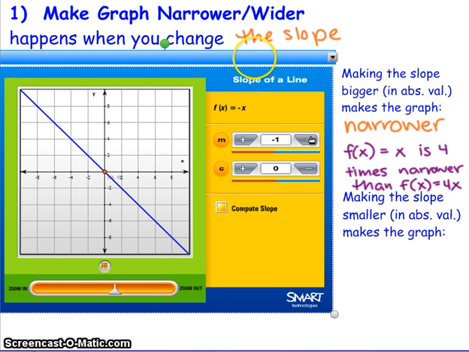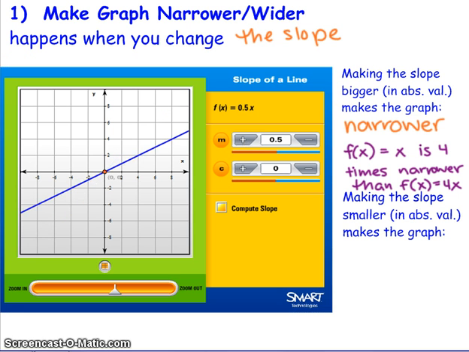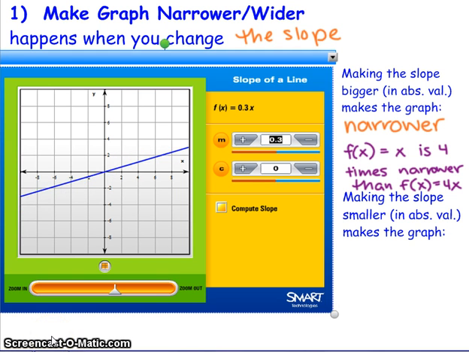So what I'm really talking about is making the slope smaller in absolute value. So I'm talking about going from, say, a slope of 1 to a slope of 1/2 or 0.5, and then moving from a slope of 0.5 to a slope like 1/3 or about 0.3x.